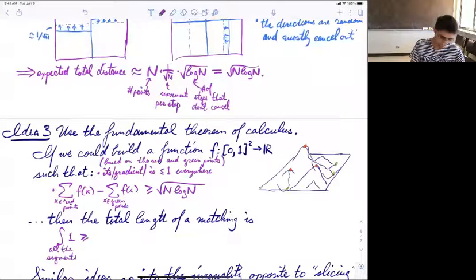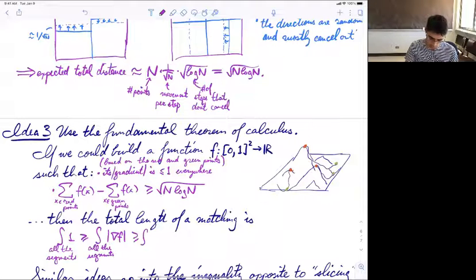And that's going to be greater than or equal to the integral over all these segments of the gradient of f, and that's greater than or equal to the integral over all the segments of the directional derivative of f in that direction, right?